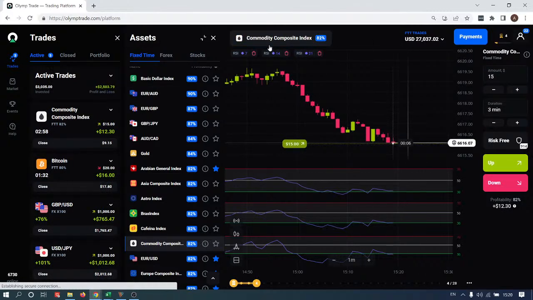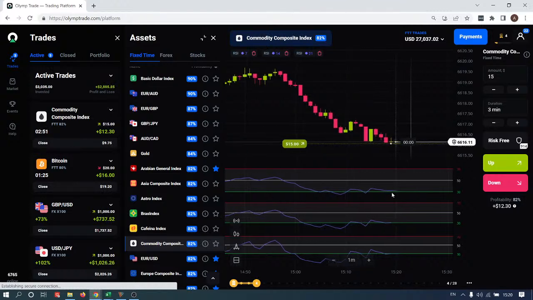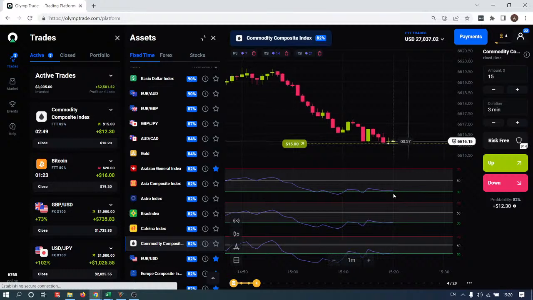This time it comes from commodity composite index, and as you can see, we are trading very close to the oversold area, to the 30 line, to this green line, on all the three RSI indicators. So we can use this signal and open a trade in the upwards direction.